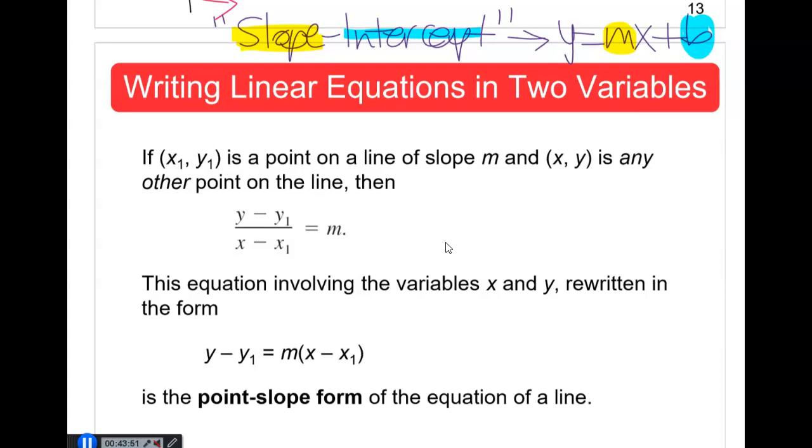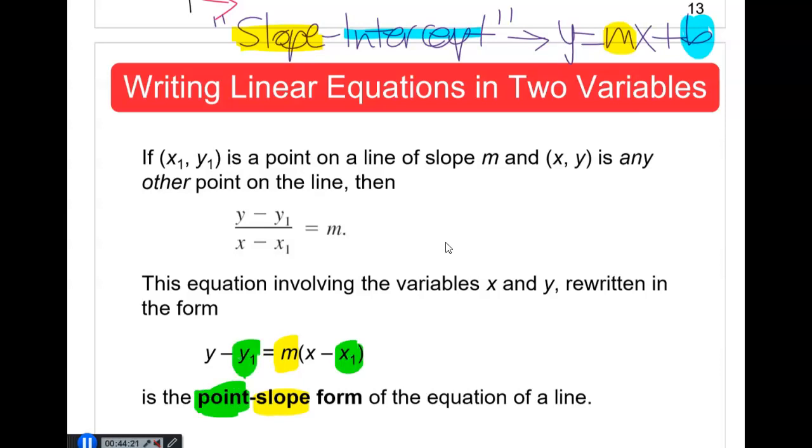So we're going to learn a new way to write linear equations. With that, we're going to use the point-slope form. And we call it the point-slope form because we have the slope, right here, m, and we also have a point. And that point comes from here, x sub 1 and y sub 1.